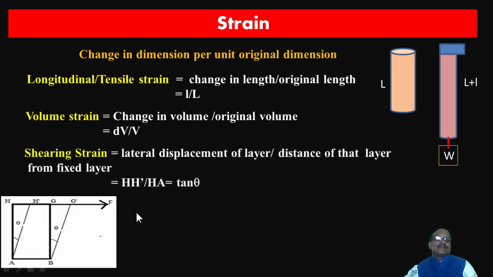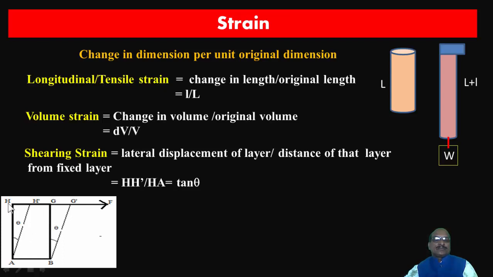Now let us consider one more type of strain, that is shearing strain. Here, when we apply the deforming forces, a change in shape is observed. For example, as shown in this figure, let us consider the rectangle ABCD. This is a rectangular shaped body.